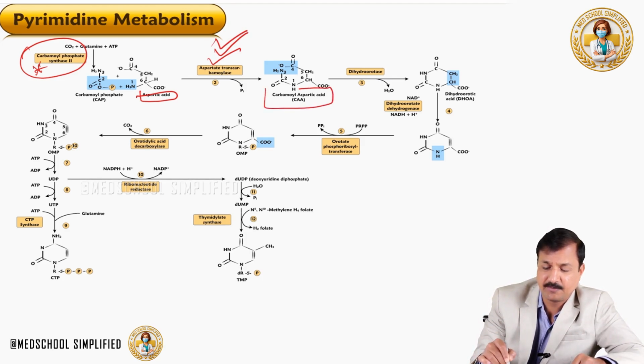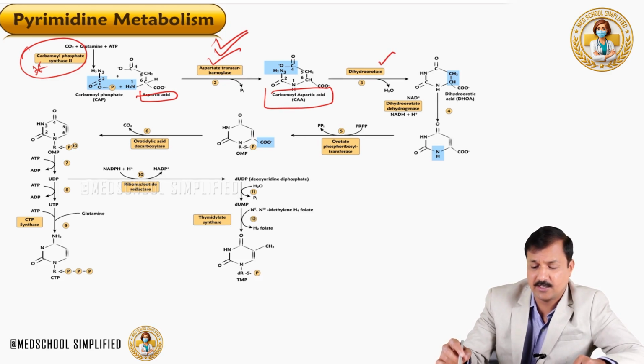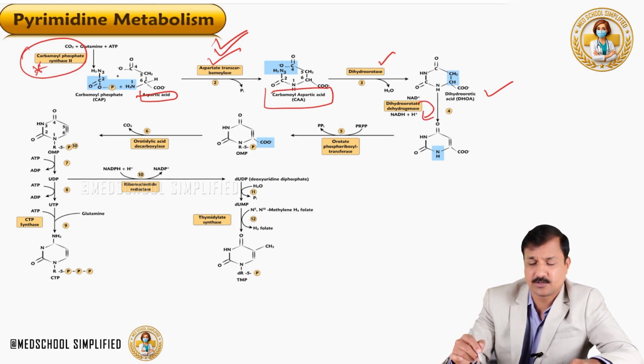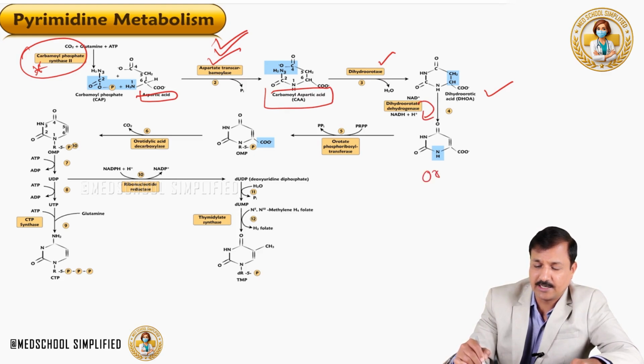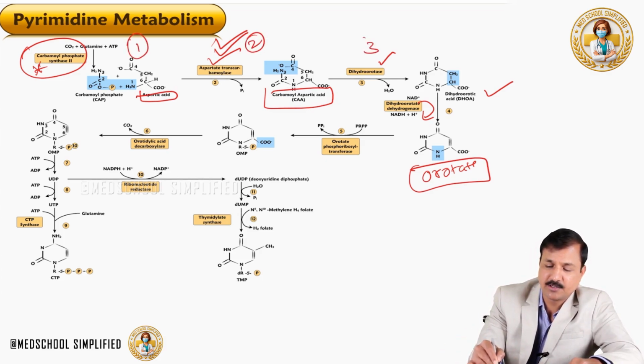So we get carbamoyl aspartate. Now this carbamoyl aspartate, with the help of the dihydroorotase enzyme, undergoes ring closure and you get dihydroorotate. This dihydroorotate undergoes oxidation to make orotate. So that's how we get orotate. That is reaction number 1, reaction number 2 and reaction number 3.